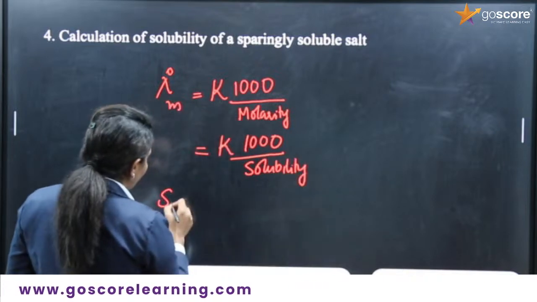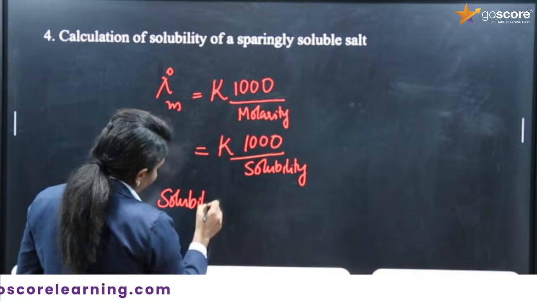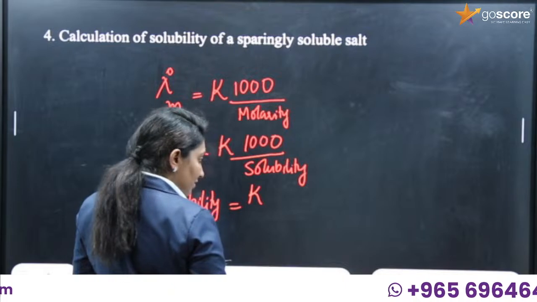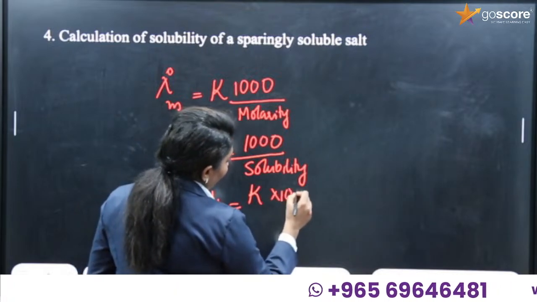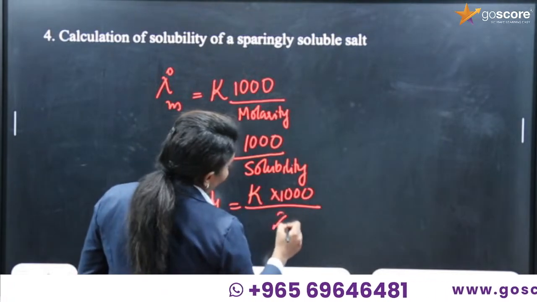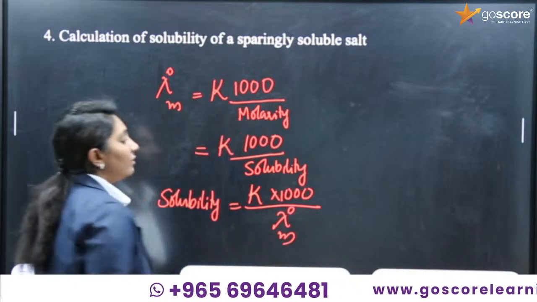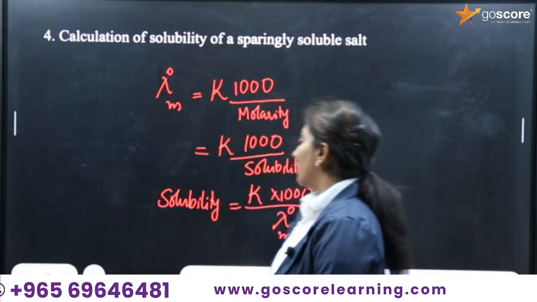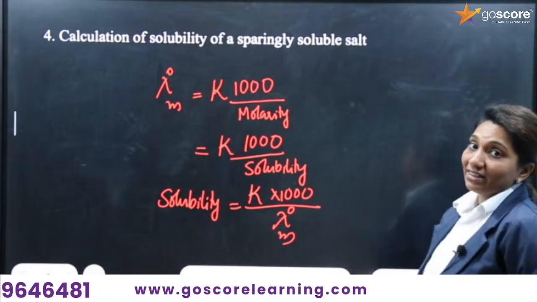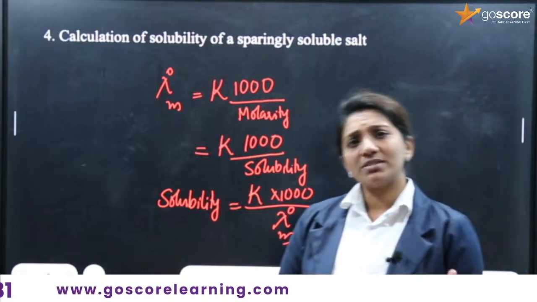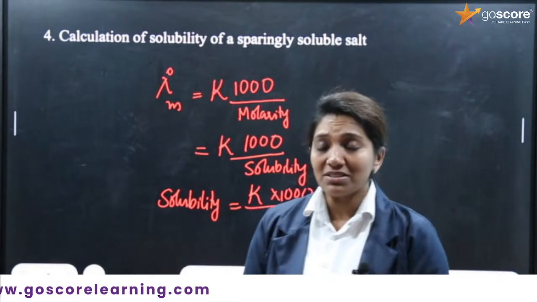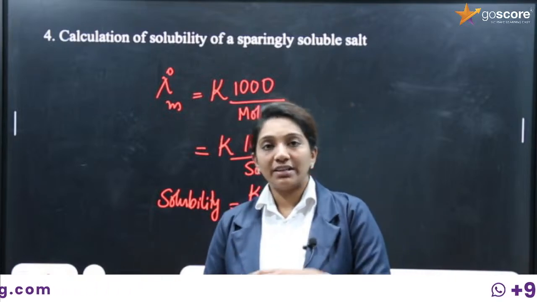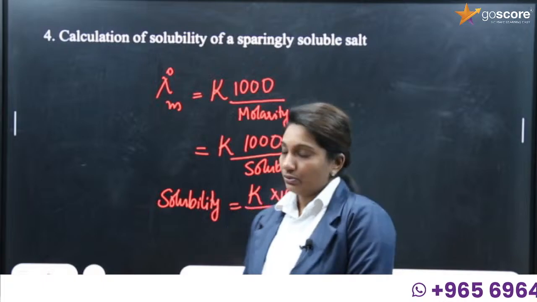So the solubility will be equal to the specific conductivity kappa into 1000 divided by the limiting molar conductivity. So with this we can find out the solubility of sparingly soluble salt, because we will treat it as a weak electrolyte since it dissolves only a little amount, right? So we can consider it as the weak one or as a diluted one.